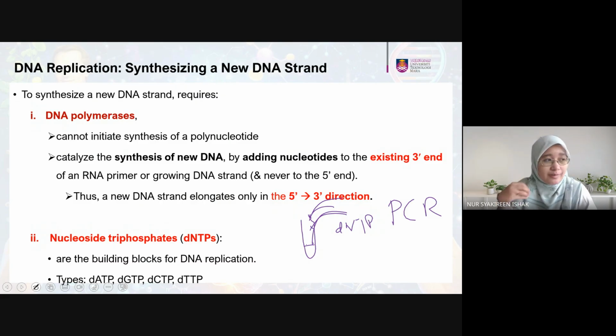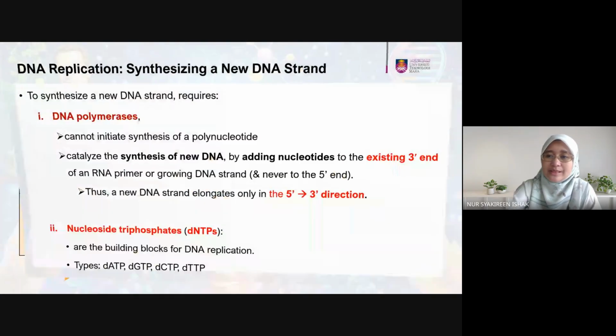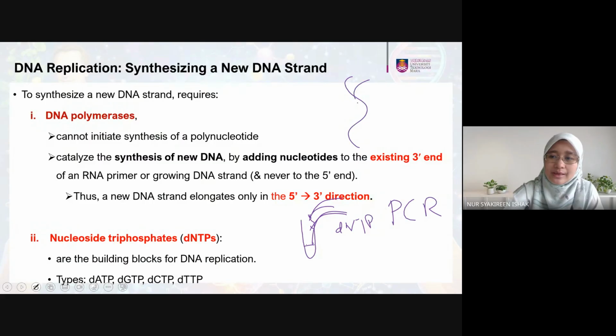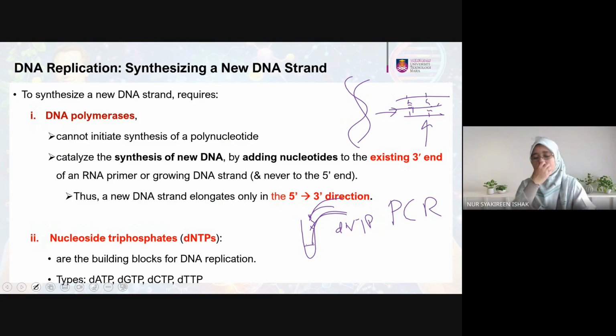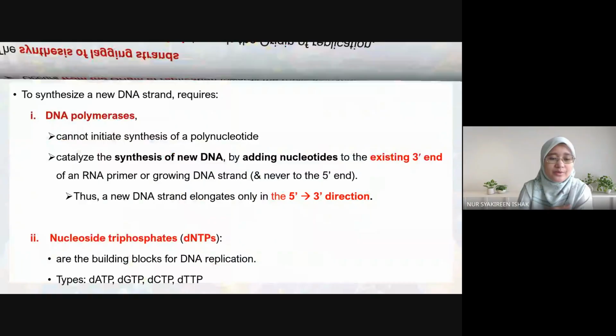In order to replicate the DNA, high temperature will be applied. As we know, the DNA molecule is double stranded, due to the hydrogen bonding between the bases adenine, thymine, guanine, cytosine. So by increasing the temperature, you break the hydrogen bonds. So that is on the building blocks.